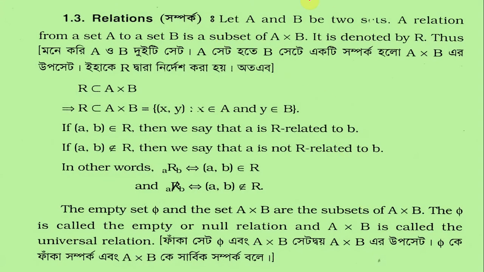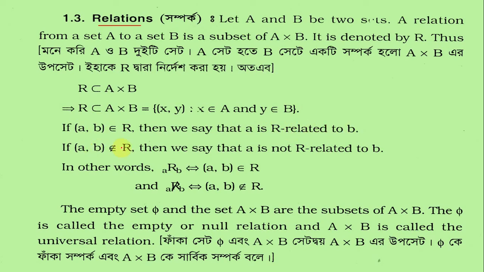Dear students, we will discuss the definition of relations, which is the name of our Chapter 1. Relations. Let A and B be two sets. A relation from a set A to a set B is a subset of A cross B. It is denoted by R. Thus R is a subset of A cross B, that is {(x, y) such that x belongs to A and y belongs to B}. If (a, b) belongs to R, then we say that a is R-related to b.